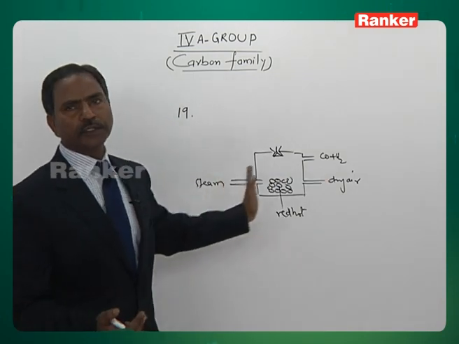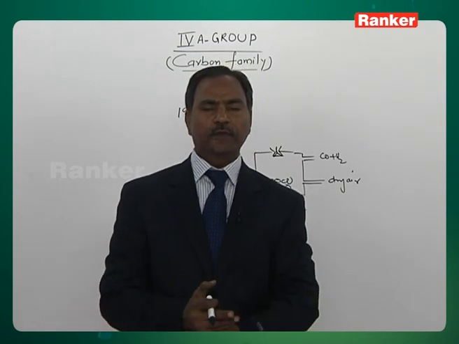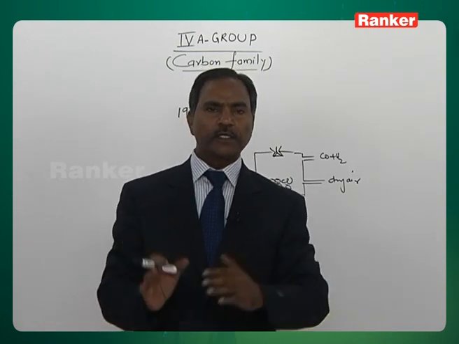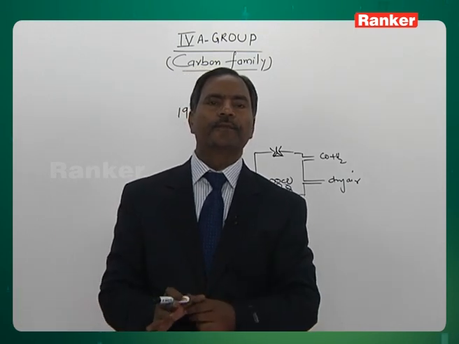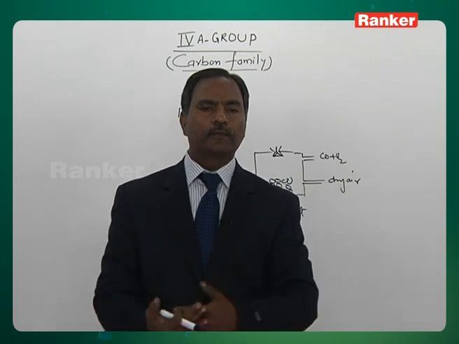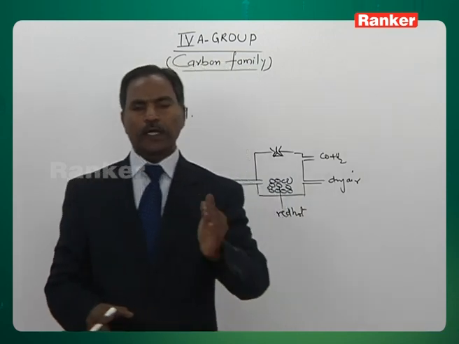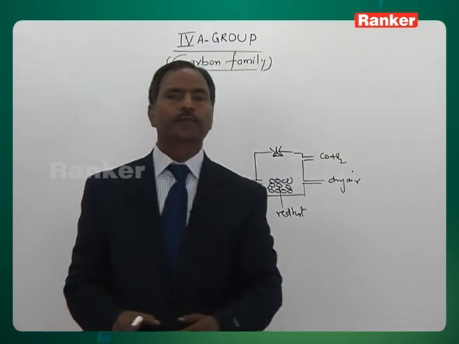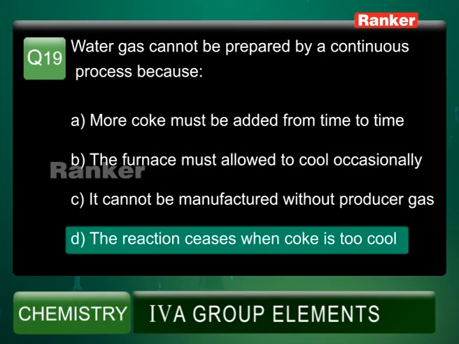If you continuously pass steam, the coke becomes cold and you will not get water gas. Therefore, with certain intervals you pass steam and again dry air to keep the coke red hot. So for question number 19, what is given is that the reaction ceases when coke is too cool. Therefore, you have to make it red hot again. Answer is D.